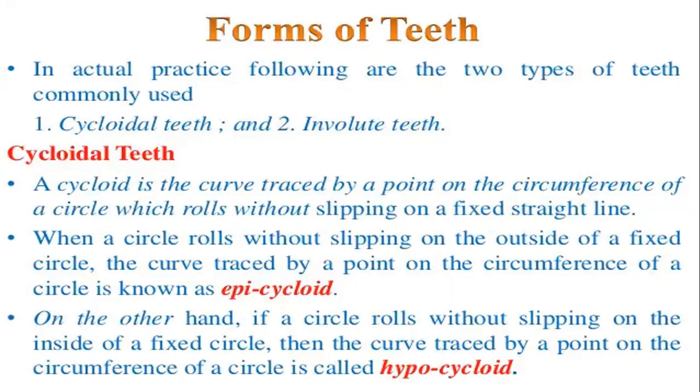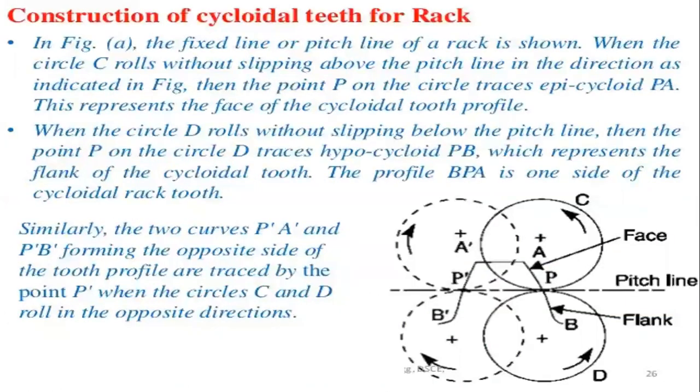Whenever we refer to curves in the engineering drawing subject, you all know about these differences. Next, we are going to see the construction of cycloidal teeth for the rack gear, that is, the rack and pinion gear. We take the rack gear on the fixed line.